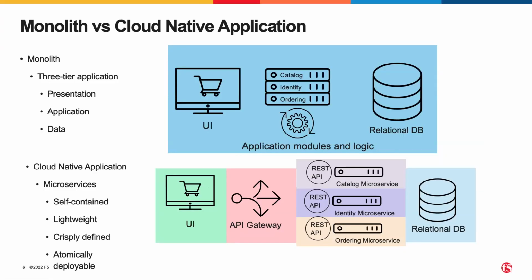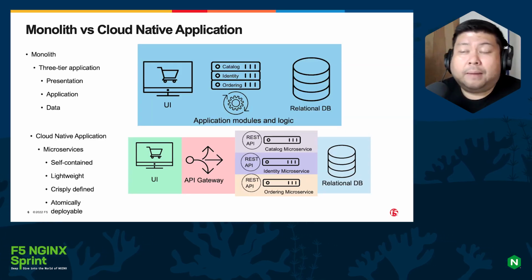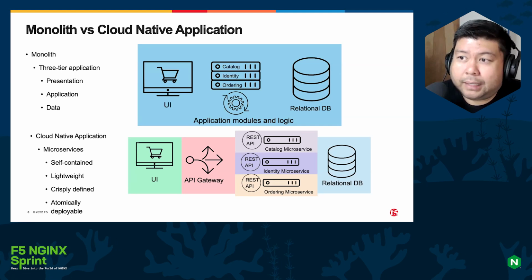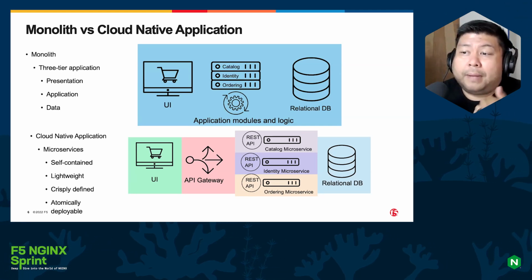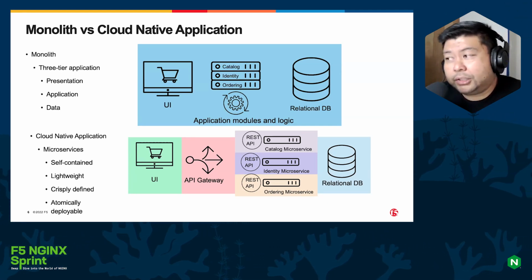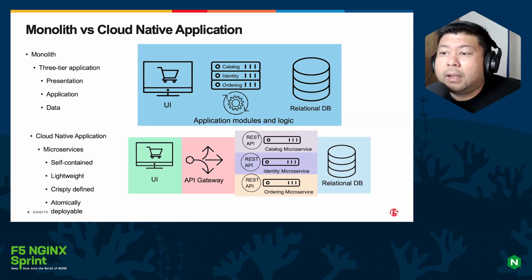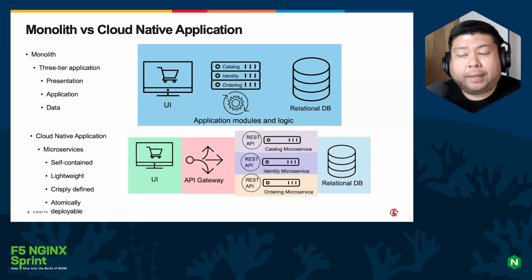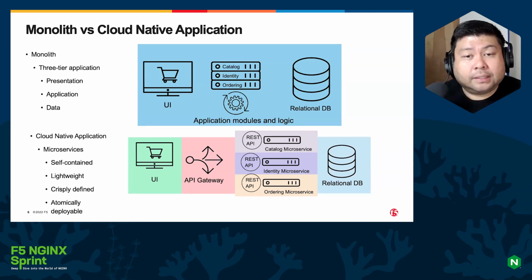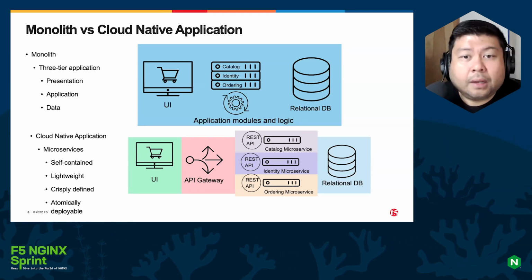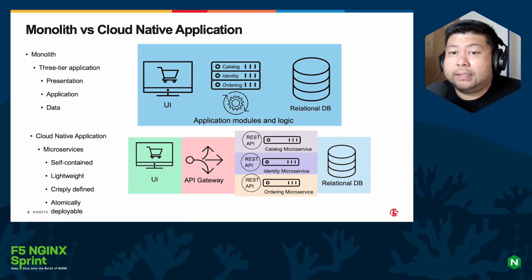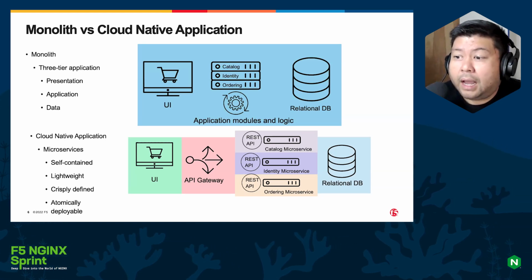Let's take a look at a monolith application versus a cloud native application. With the monolith application, it's common to have a three-tier application where we have a presentation layer, an application layer with all the core logic and all the application modules, and a data layer as well. Versus the cloud native application approach, which uses microservice architecture, which is an architectural pattern to build distributed software systems.